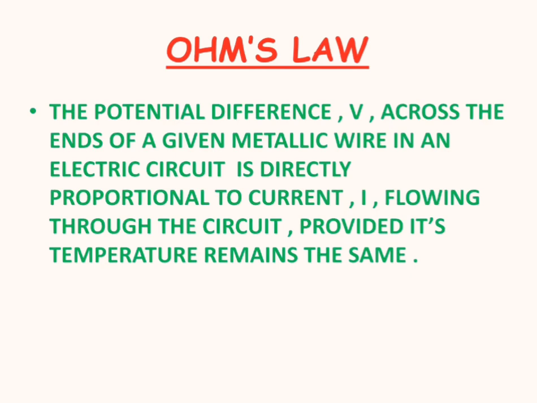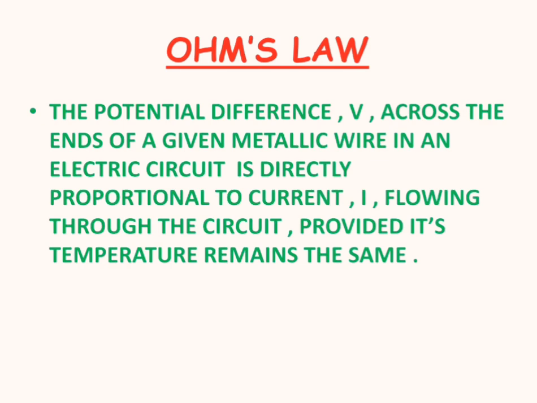Ohm's law states that the potential difference V across the ends of a given metallic wire in an electric circuit is directly proportional to the current I flowing through the circuit, provided its temperature remains the same. Now, what is the meaning of all these lines?